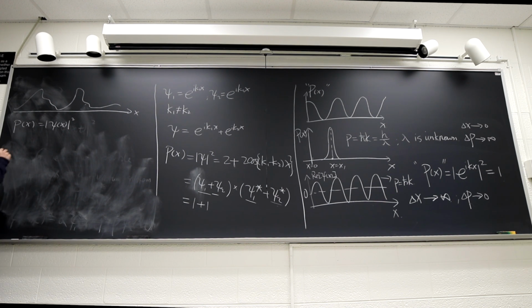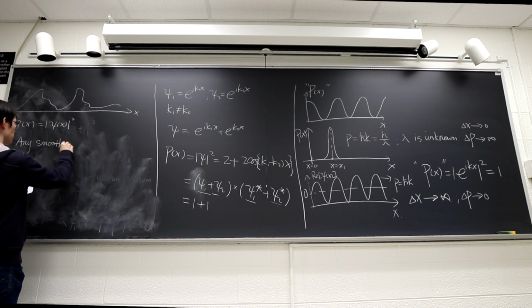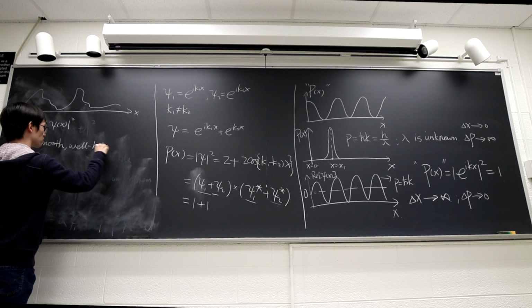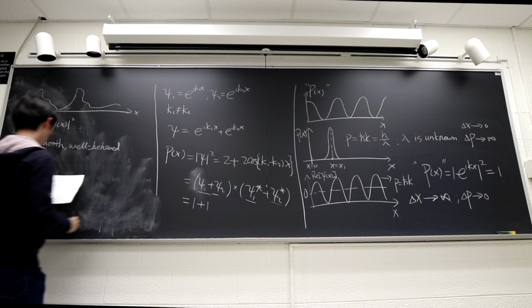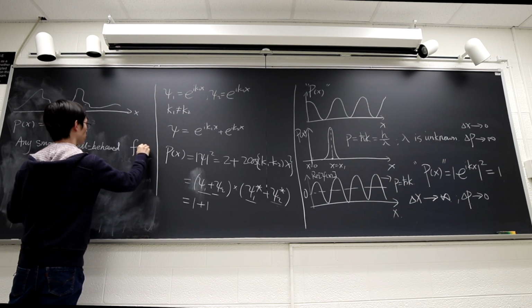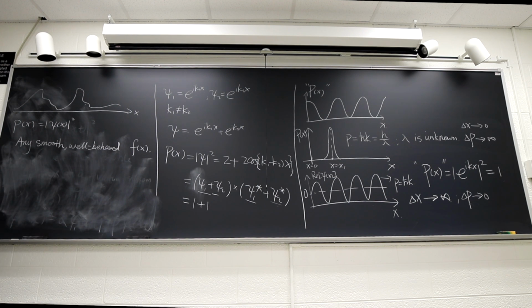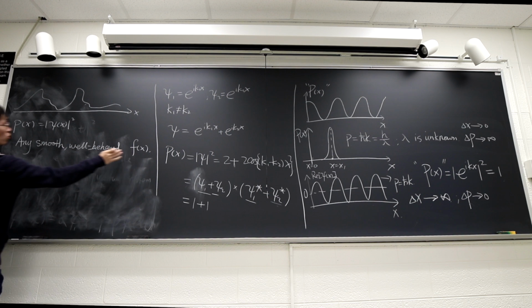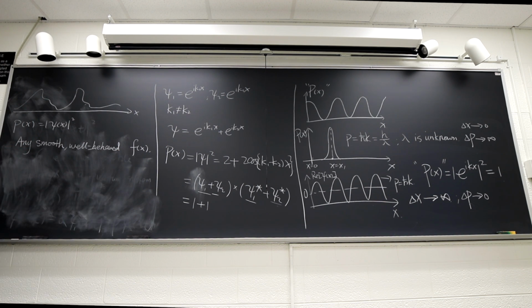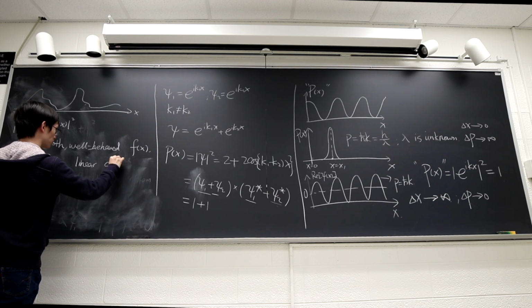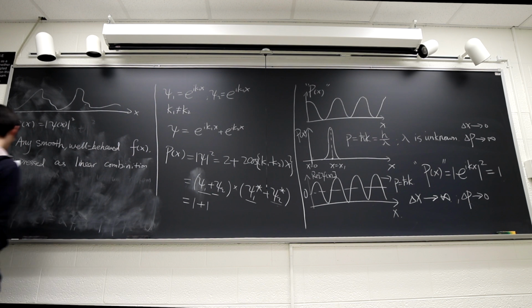The Fourier transform says any smooth, well-behaved waveform f(x), the definition of smooth and well-behaved is not the subject of this class, and any waveform we use in this class is smooth, this function, at that time people didn't say wave function, can be expressed as a linear combination of plane waves.